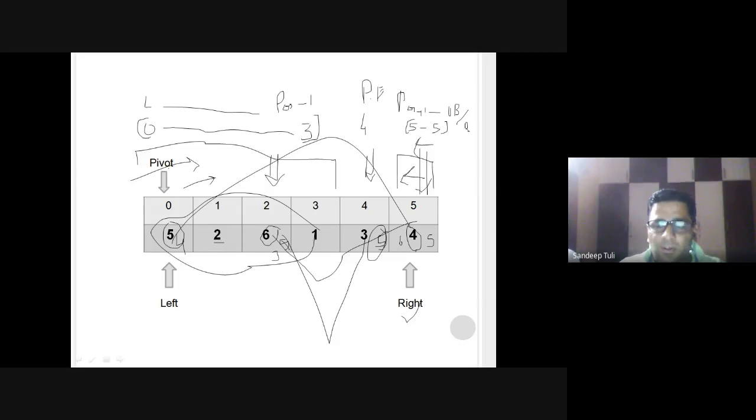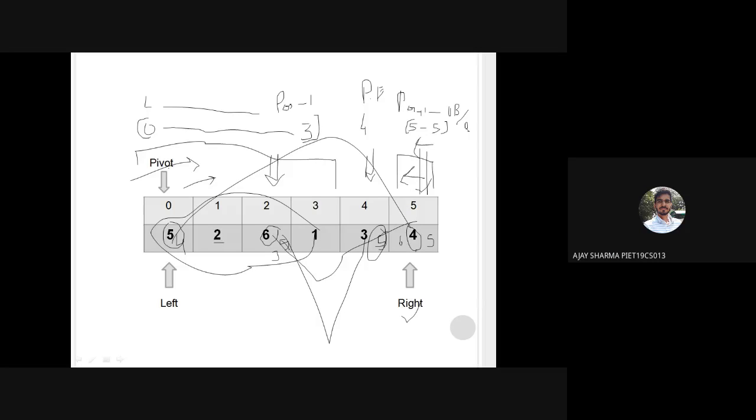By chance in this case, the last element is a single element, and that is why position plus 1 and upper bound have the same value. Is it okay now? The idea is a little bit clear now, I think. What we have to do, or do I need to repeat it again? So, sir, we have to divide the array into two portions where we found the pivot element.